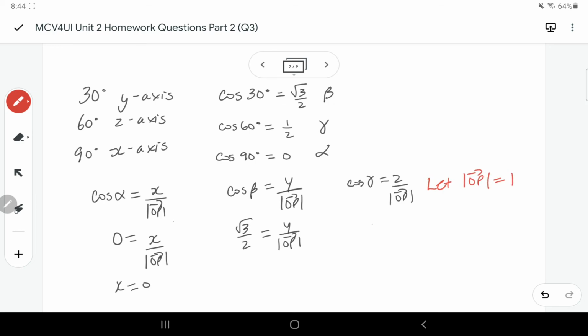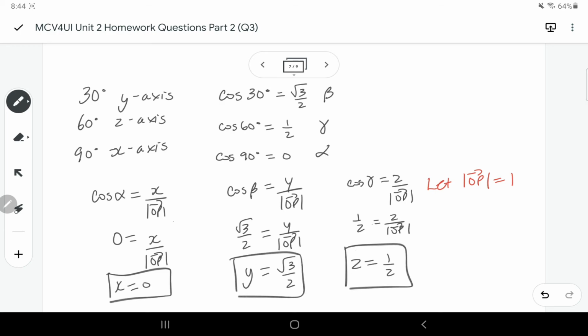Just let this be a unit vector, just for simplicity's sake. And then that will make the calculations easier. So then y is going to equal root 3 over 2, and z is going to be 1/2. So those would be the components of a vector that would make these angles.